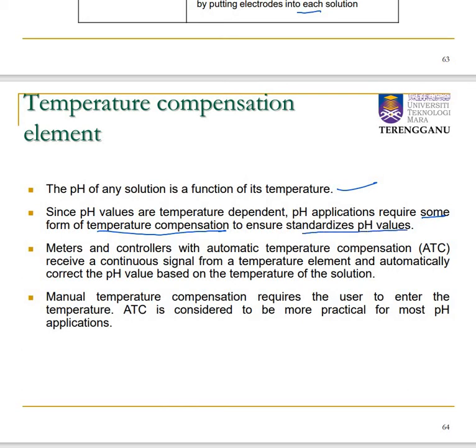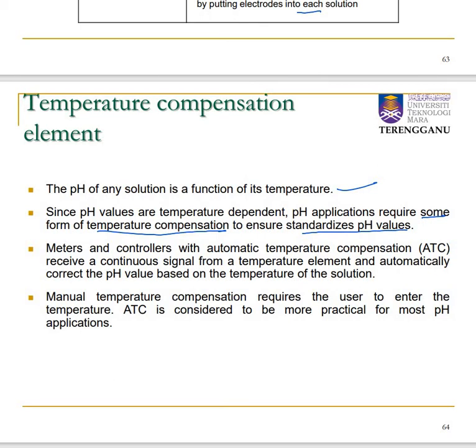For your information, inside the industry, normally we don't directly use the pH controller or pH measurement because pH measurement is quite costly if we use it on a large scale, to measure a large amount of fluid. So, the other way around, we will use the temperature compensation element.